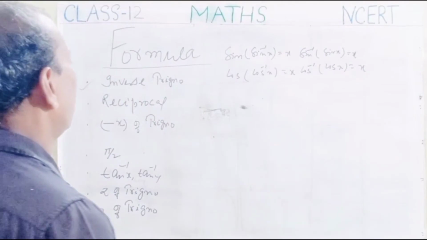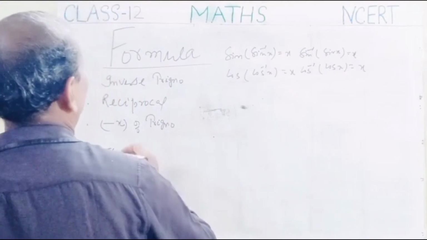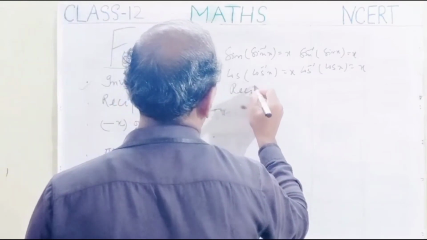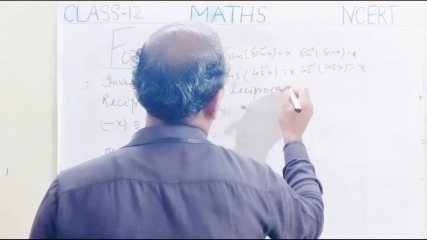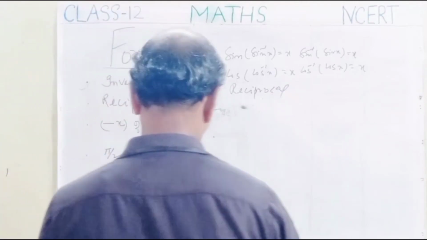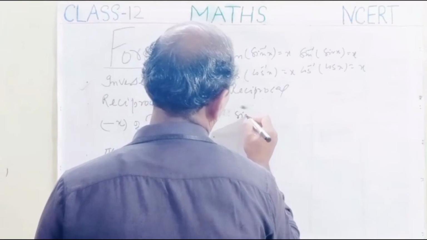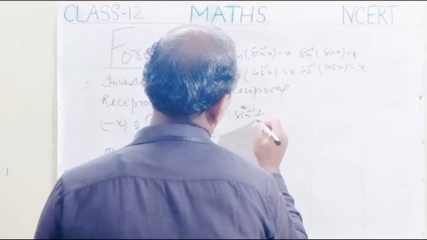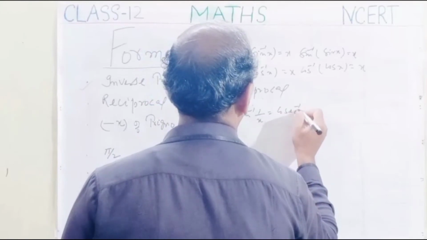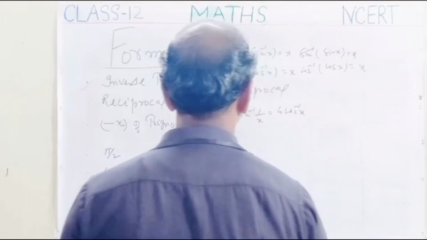Then I will come to the reciprocal case. For the reciprocal, I have formulas like sine inverse 1 by x is equal to cosec inverse x.